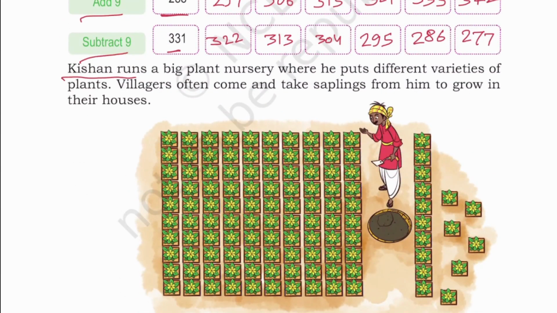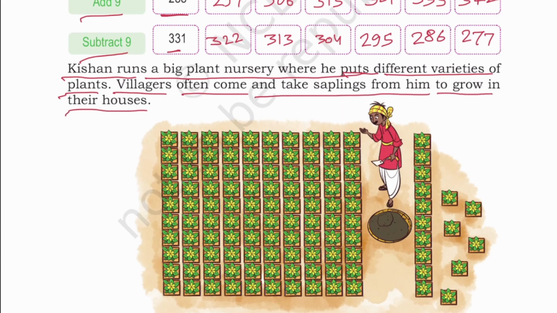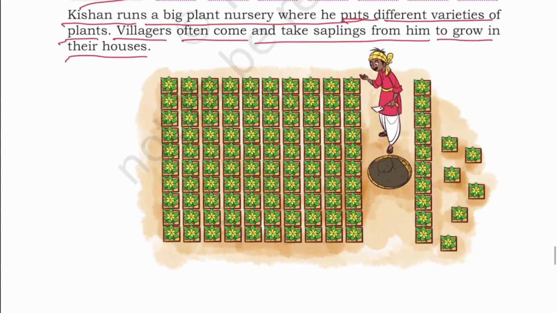Kishan runs a big plant nursery where he puts different varieties of plants. Villagers often come and take saplings from him to grow in their houses. You can see a nursery is there, and how many plants are there in different rows and columns.